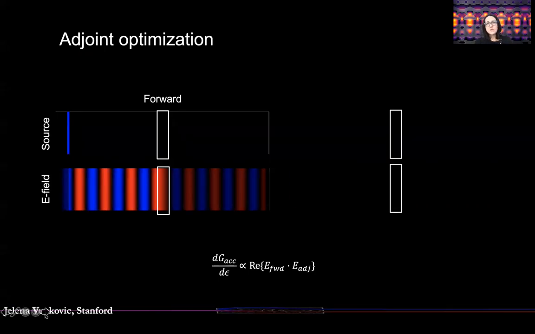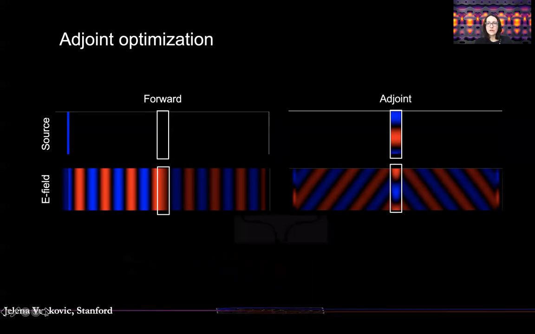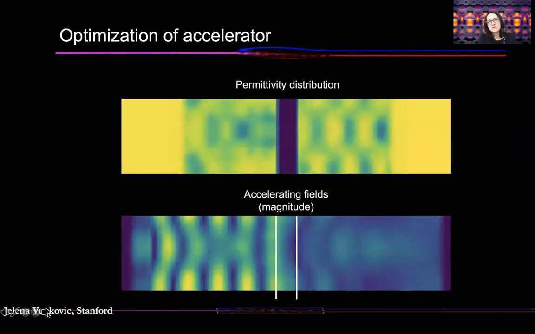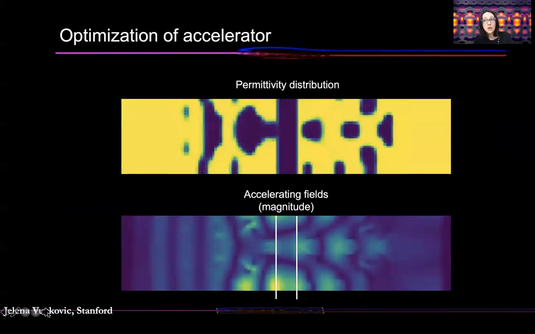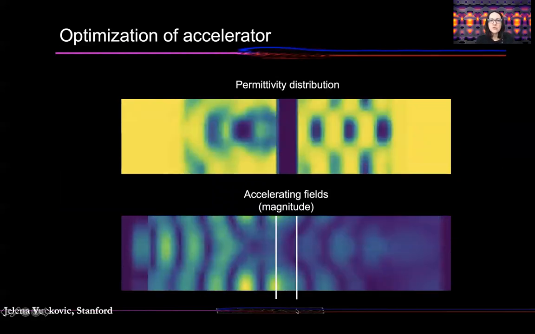You do a forward simulation and a backward electromagnetic simulation, which is the adjoint simulation. From these two simulations, you can calculate the derivatives of the acceleration gradient everywhere in space. That tells you exactly which pixels you need to flip in order to optimize the acceleration gradient for the particle. And this movie here shows you how we're doing that.